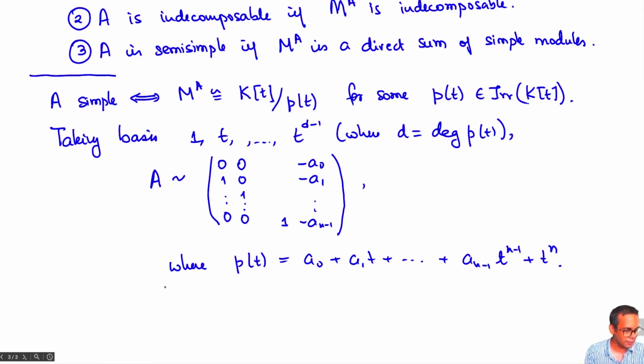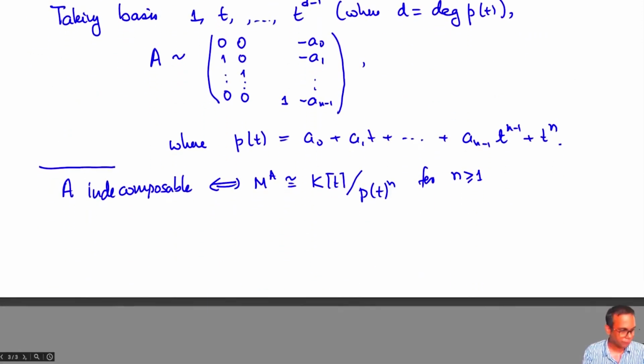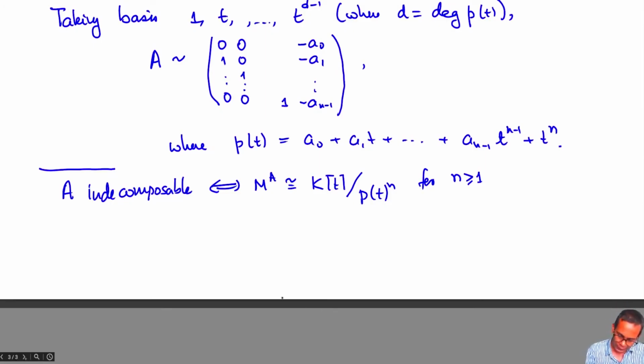Now let's look at what happens to indecomposable modules. If A is indecomposable, then that means that M_A is isomorphic to K[t] mod P(t) to the power n for some n greater than or equal to 1. Now, K could have a slightly complicated form, though in most cases, especially when K is a perfect field, it can be simplified.